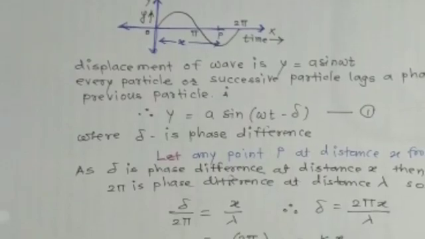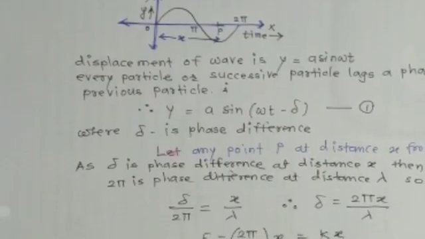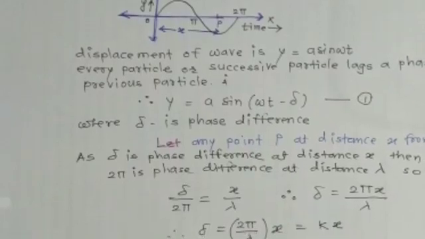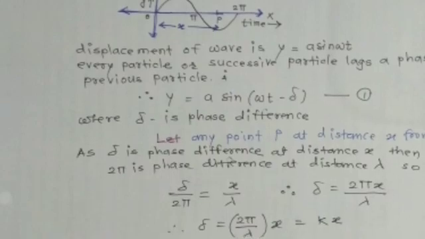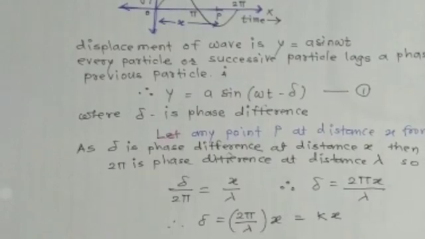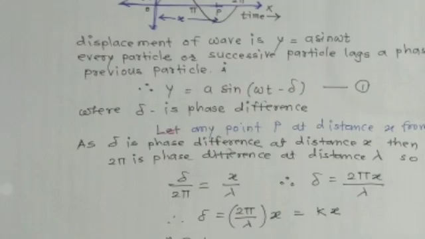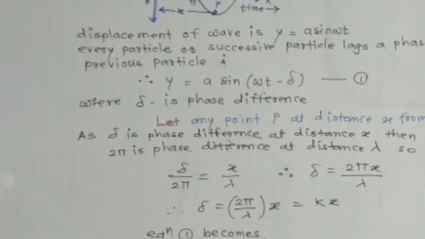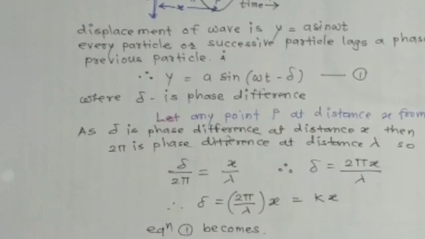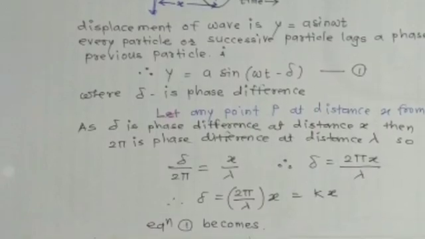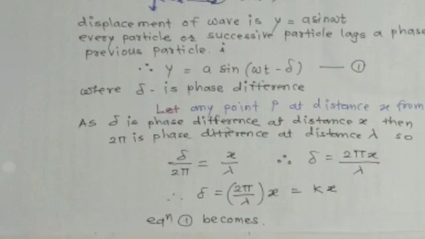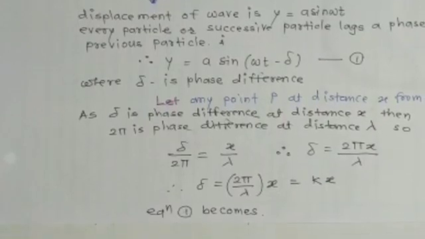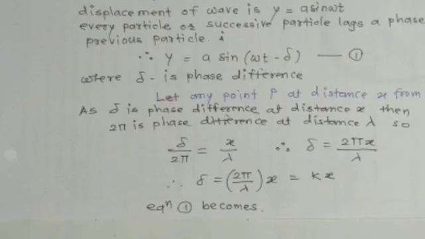Let any point P be at distance x from O. As delta is the phase difference at distance x and 2 pi is the phase difference at distance lambda, therefore delta upon 2 pi equals x upon lambda. So delta equals 2 pi x upon lambda. Therefore, delta equals (2 pi upon lambda) into x, which is equal to kx.